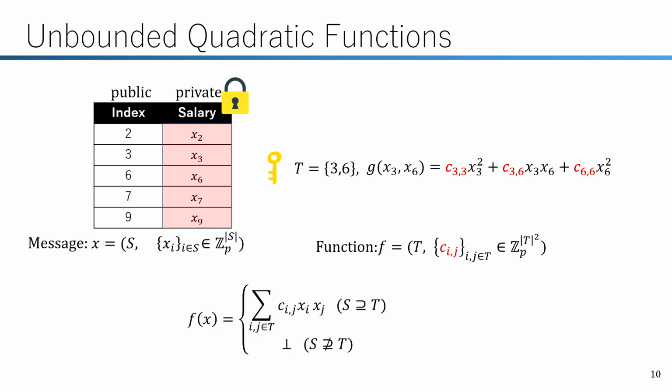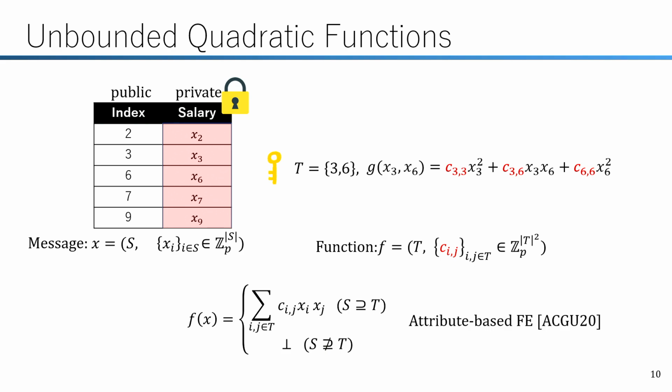And the output of the functionality is, if index set S contains all target indices T, then the quadratic function is computed. But if it is not the case, then nothing is revealed.